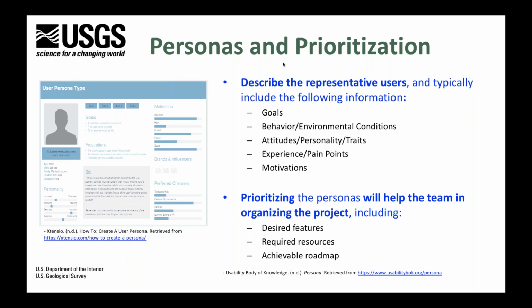Prioritization allows us to determine the essential features that we have to focus on. And then from there, we can assess whether or not we have the appropriate resources to come up with that first instance of useful products.